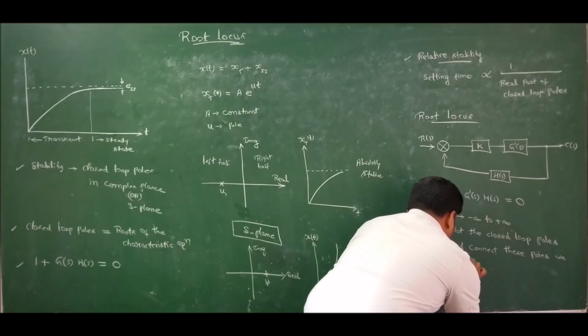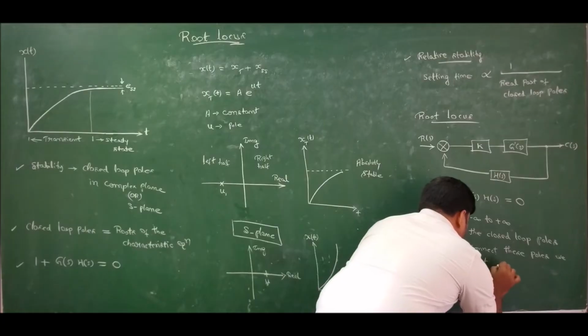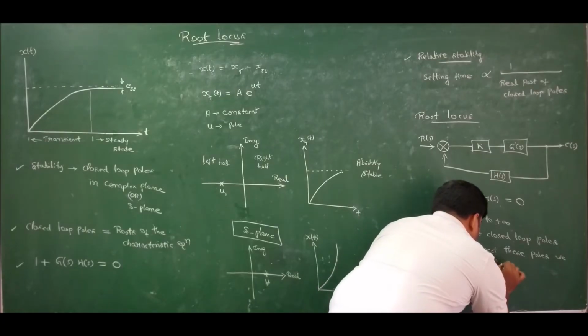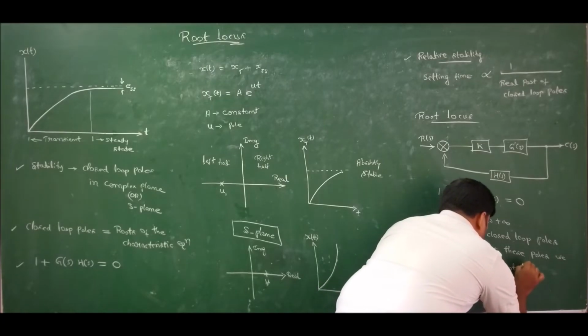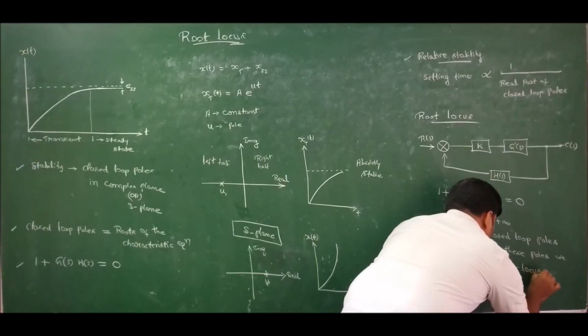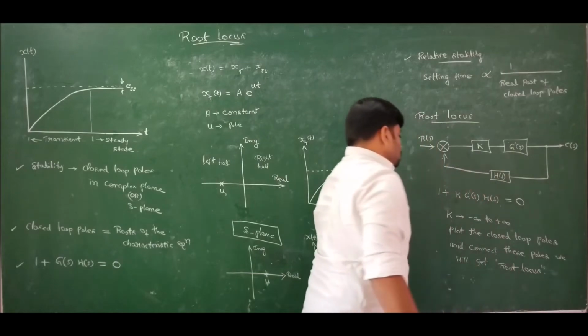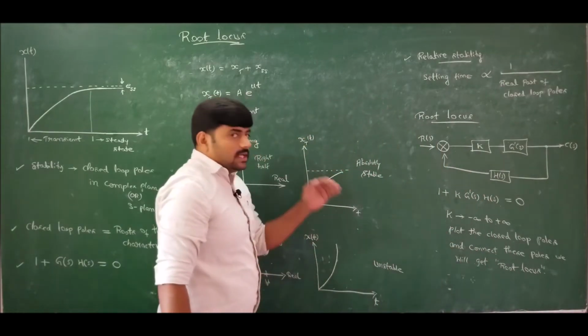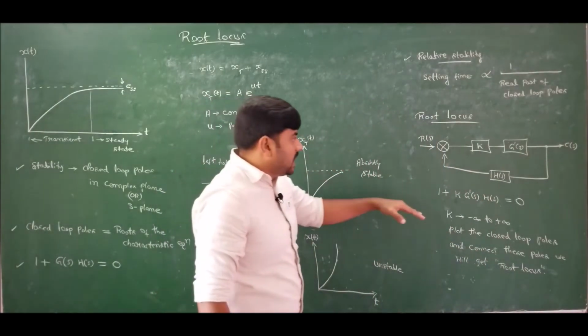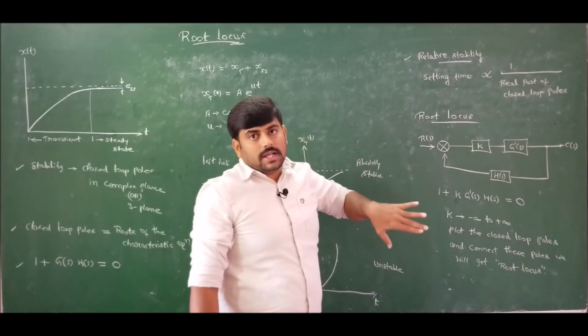We will get a locus which is nothing but root locus. Locus is nothing but a line on which the root of the characteristic equation will come and lie.